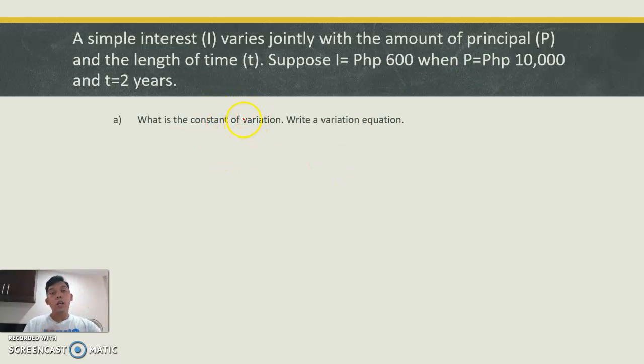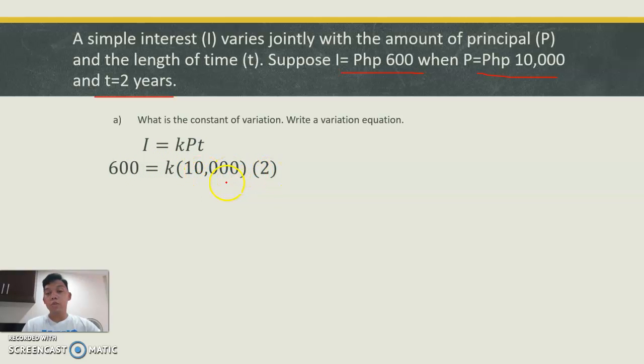Again, we always translate the variation statement to a variation equation. So this is I equals k times P times T. We substitute to get the constant of variation using this set of values: P is 10,000, the time is 2 years, and I is 600.